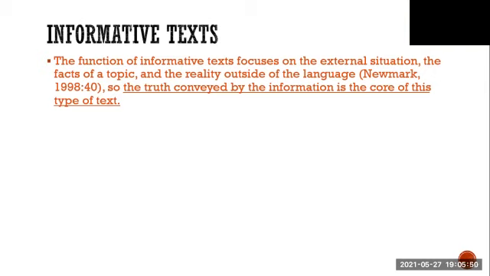In expressive texts, we need to convey and transfer every aspect of the language. Now, informative texts just tell us about something that is outside the text. It's a piece of information. So the truth conveyed by the information in this text is the core of the type. It's the information. The focus is the information. You just need to transfer the information.